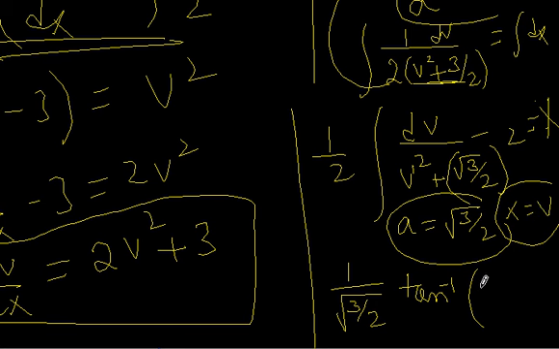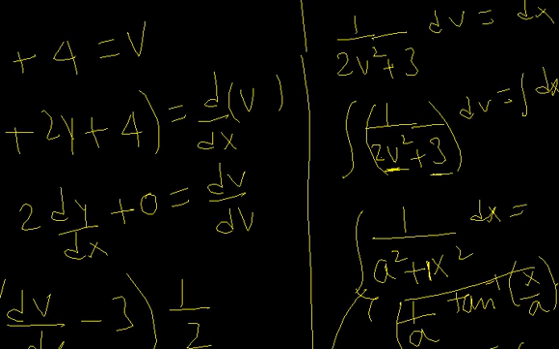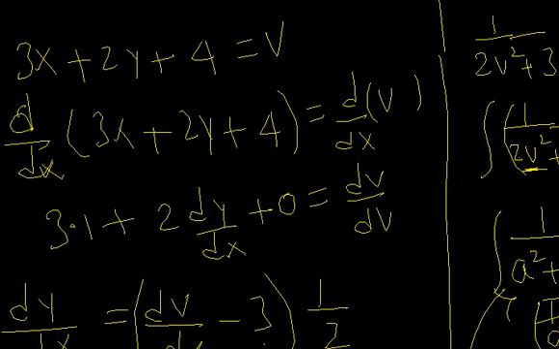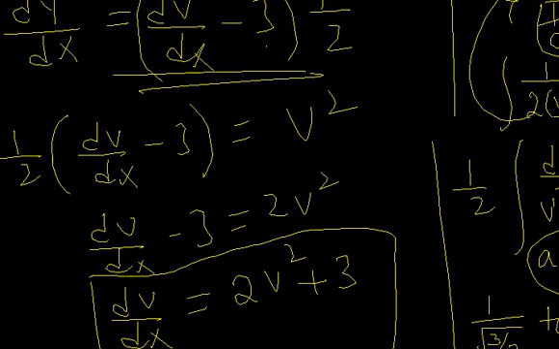In the place of x we have to write v over a, where a is root of 3 over 2, plus some constant c. In the place of v we have to write v is equal to 3x plus 2y plus 4.